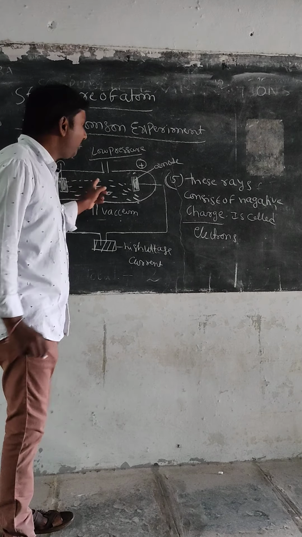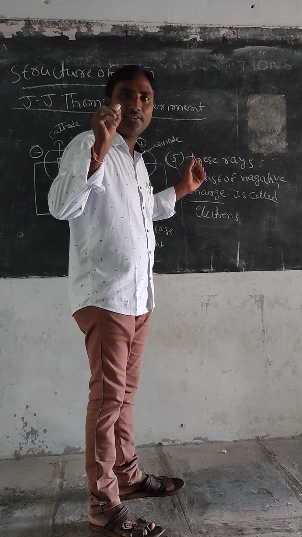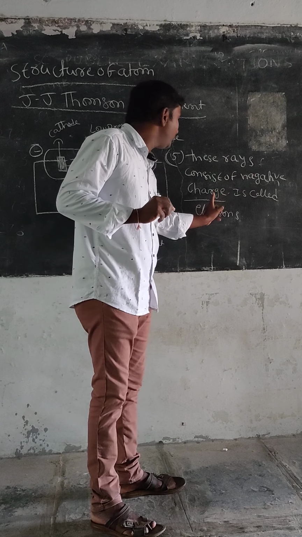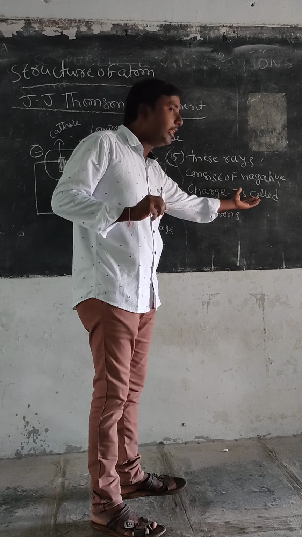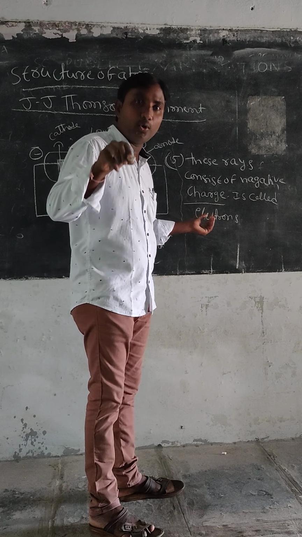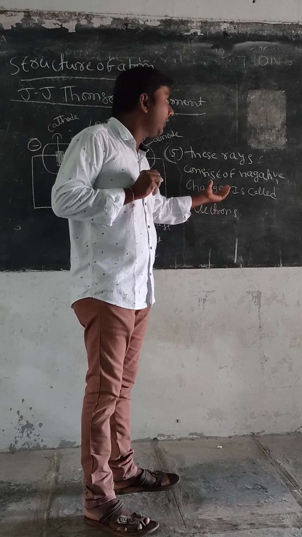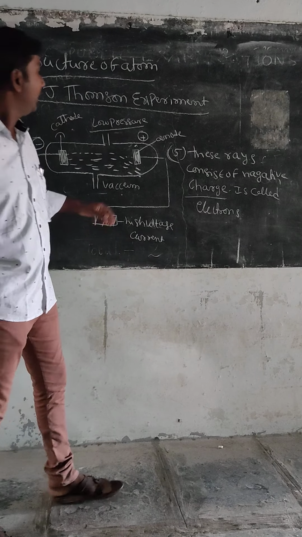Thomson observed that these particles consist of negative charge. That's why they are called electrons, cathode rays, or negative rays.